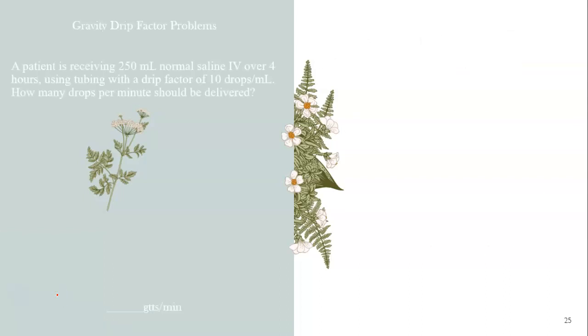Okay. All right, so now comes these drip factor things, okay? Now the drip factor thing, I know that it's a drip factor thing and it's going by gravity because it's in drops per minute. So with that being said, I look for my drops, I look for my volume, and I look for my time.